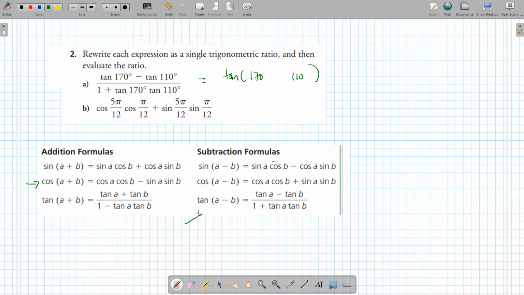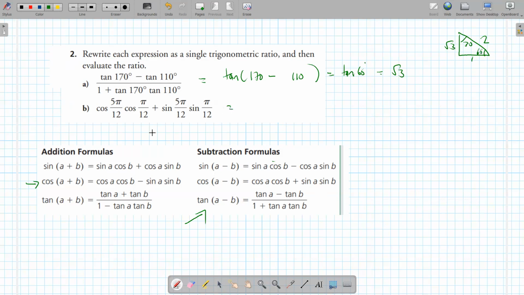You're using this formula. It becomes minus. So that entire expression, we can rewrite as tan of 170 minus 110. That'll become tan of 60. Tan of 60 is root 3, or root 3 over 1. And you are done.